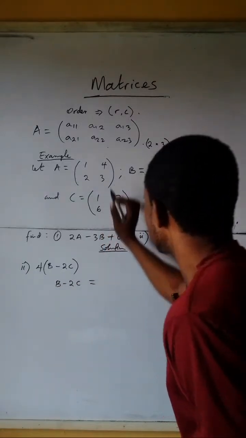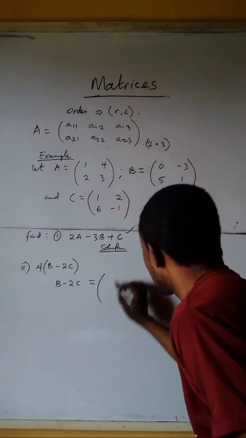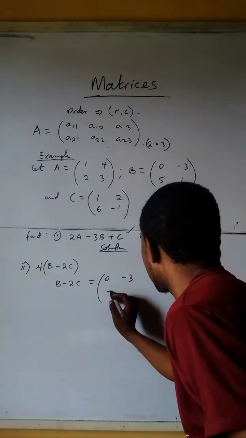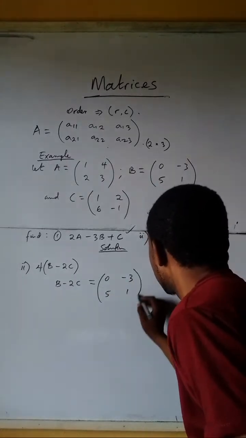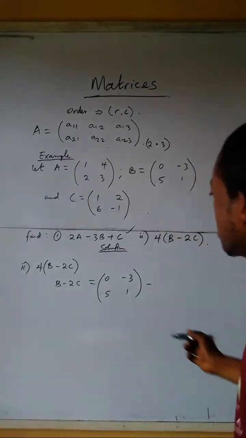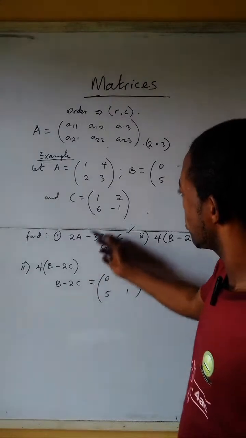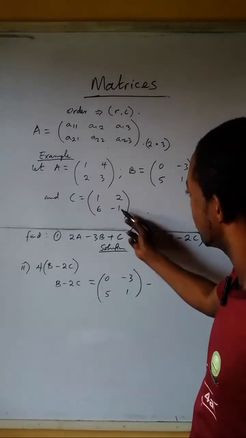It will become b, what we have in b, which is 0, minus 3, 5, then 1, then minus 2c. 2c means we multiply c by 2. Scalar multiplication to multiply each of these elements inside c.